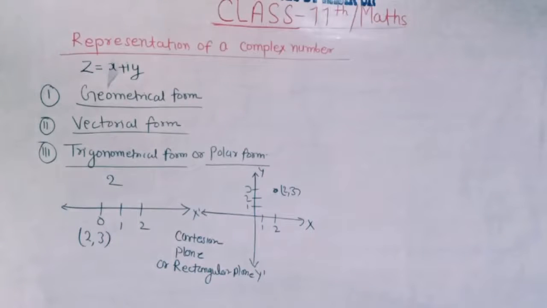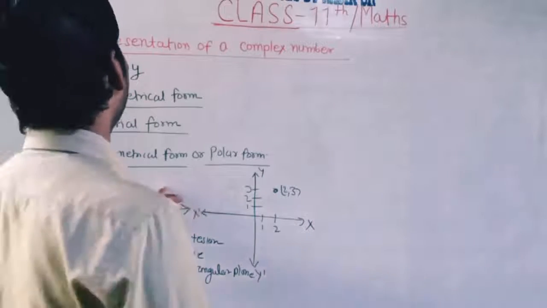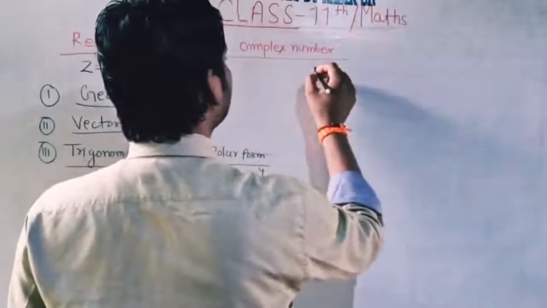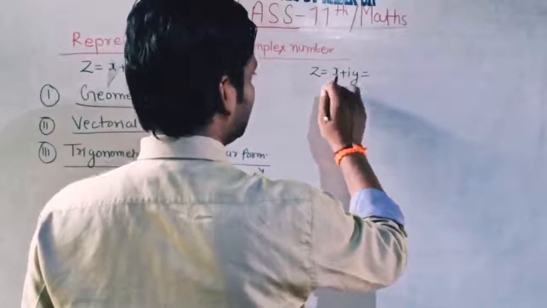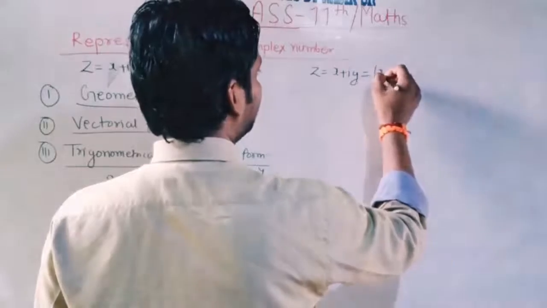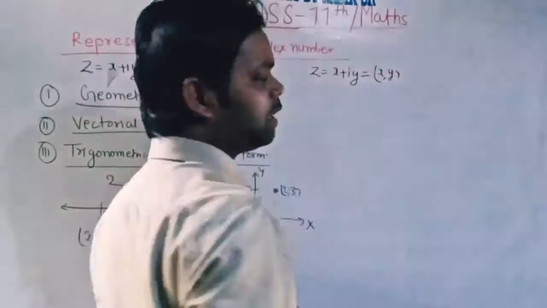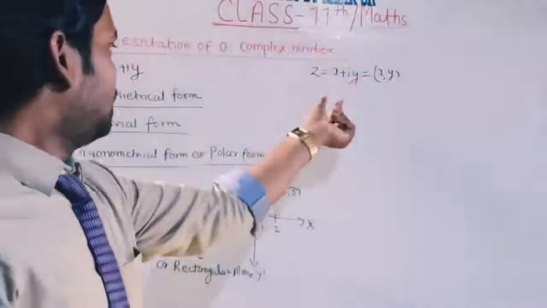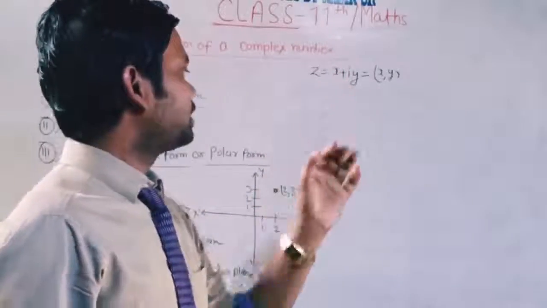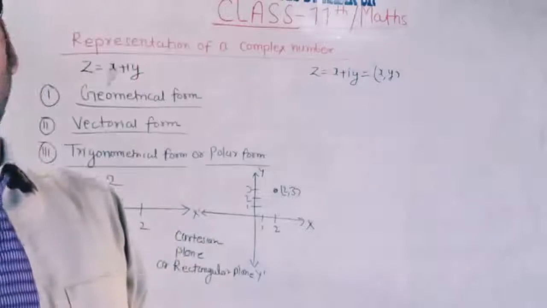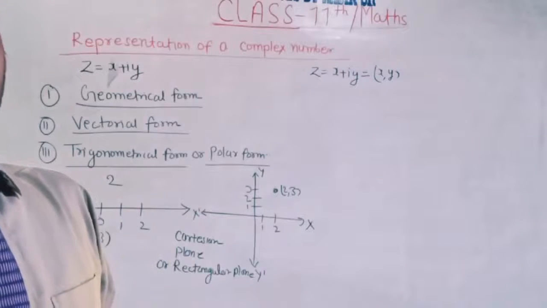But in case of a complex number, z equal to x plus iy, this is written as the ordered pair x comma y. So a complex number is represented in the Argand plane.